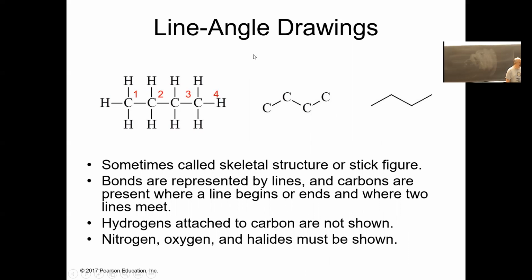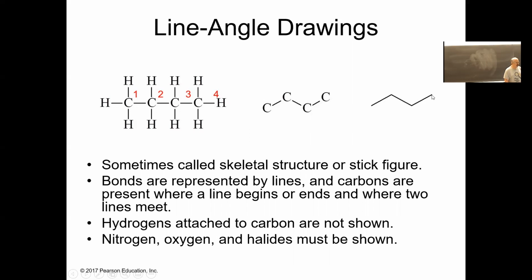Okay, because of the tetrahedral shape of carbon, this structure is actually not a straight line, but it's a zigzag. So we omit the hydrogens, and each one of these line segments represents a carbon-carbon bond. Since we know that carbon forms 4 bonds, the hydrogens are implied.